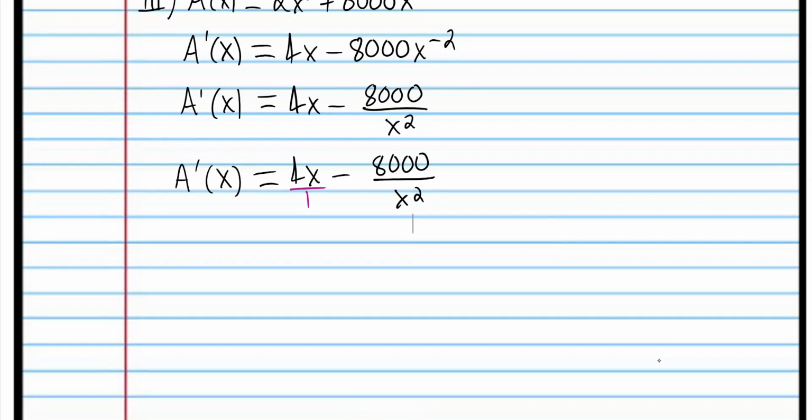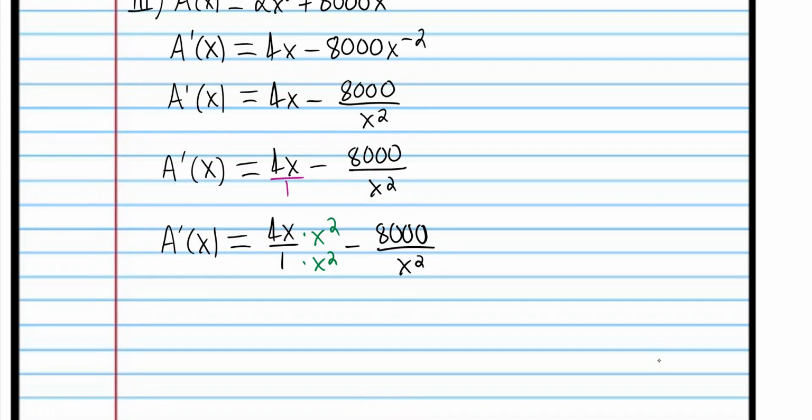Most calculus teachers are not going to show these steps for you, but I'm just trying to help you as much as I can. I can't show you every step because it would just make this class too long, but we just have to get a common denominator. This is something that you should already know. I want to make it clear you should already know how to get a common denominator and combine these terms. So your calculus teacher is going to expect you to be able to do that.